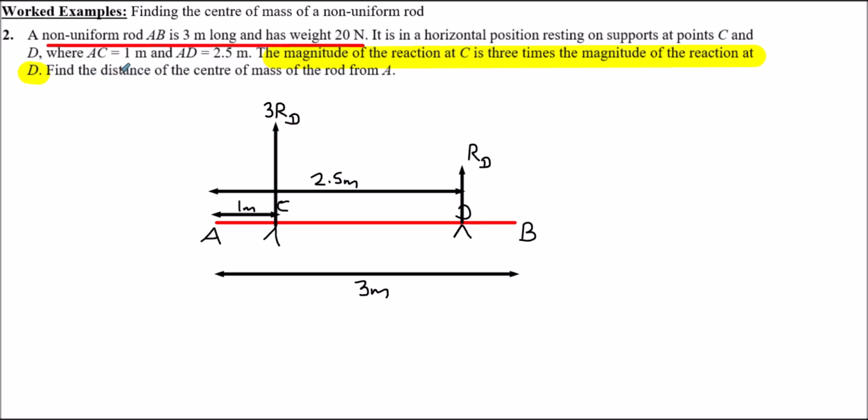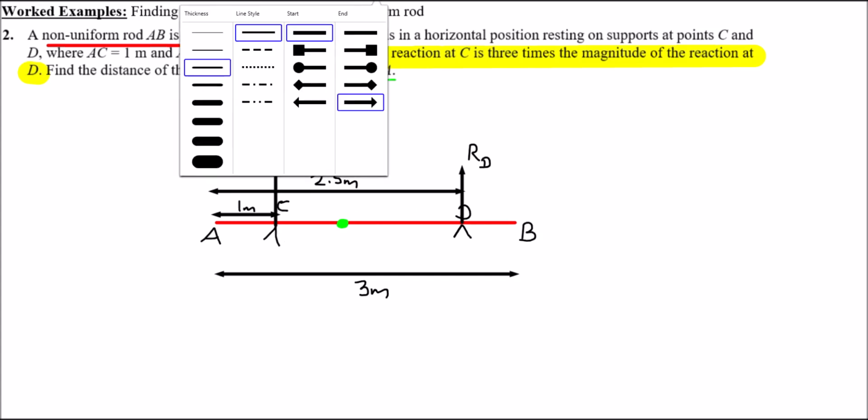What we need to do here is to find the distance of the centre of mass of the rod from A. And so the centre of mass of the rod from A means the point we can assume all the mass to be acting from. So I'm going to say it's maybe somewhere between C and D. We don't know. Just pick any point. Pick there.